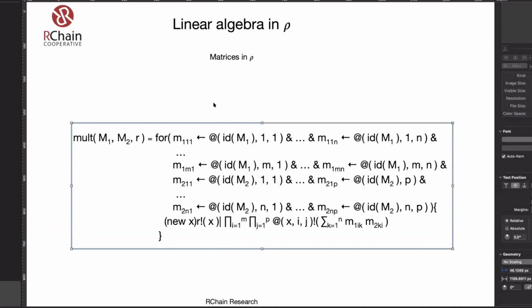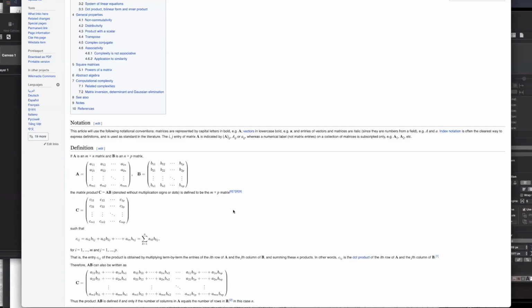Just fix that. So if we go to the Wikipedia page, right? Here's the definition for the ijth entry of the matrix product. So they also have to write down the indexing scheme, right?